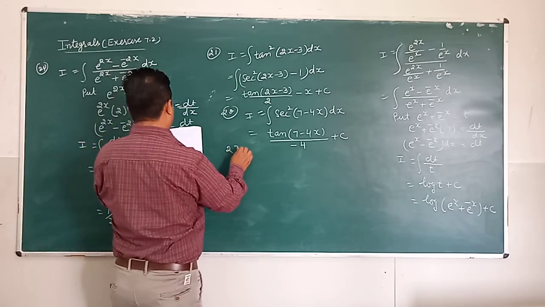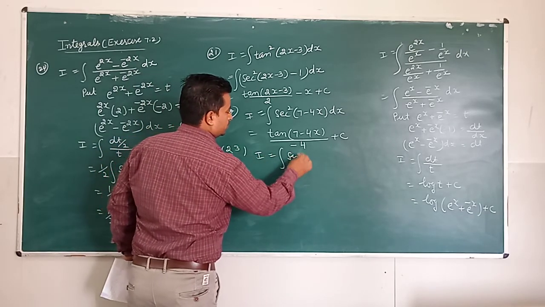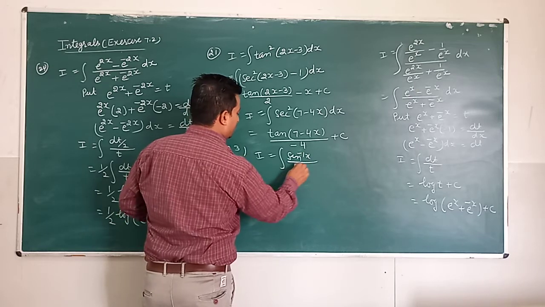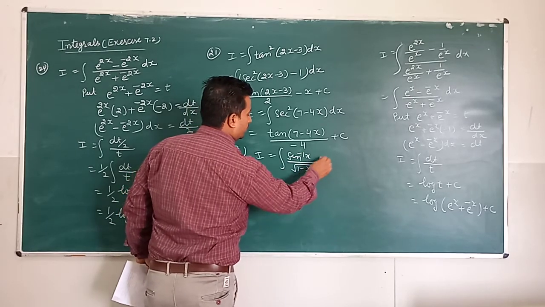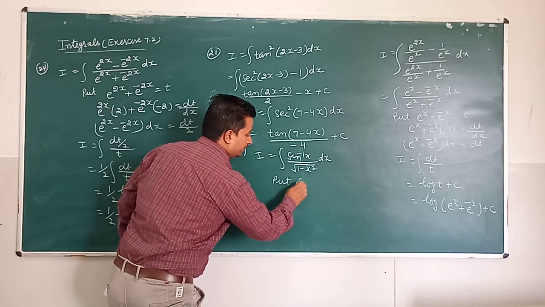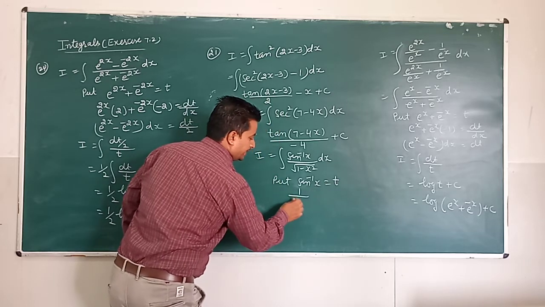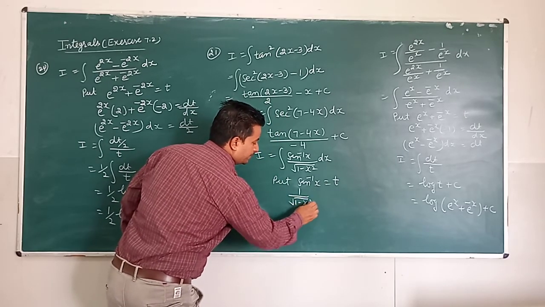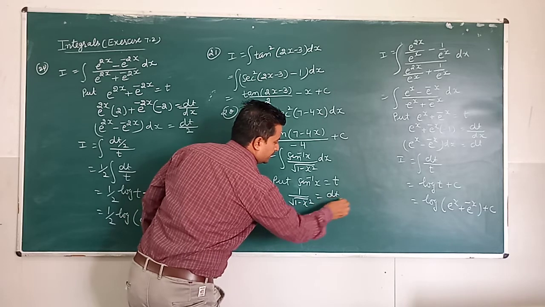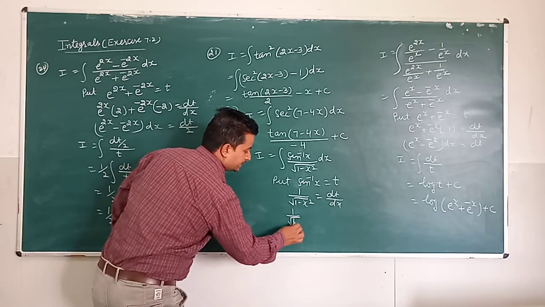In question number 23, the statement is I is equal to sin inverse x upon square root of 1 minus x square. Here we put sin inverse x equals t and differentiate with respect to x. So the derivative of sin inverse is 1 upon under root 1 minus x square.